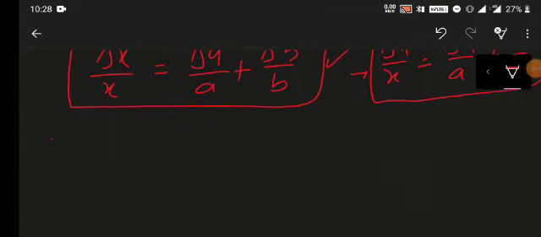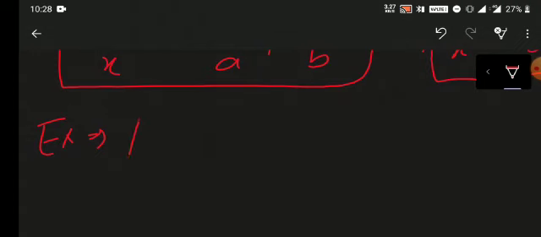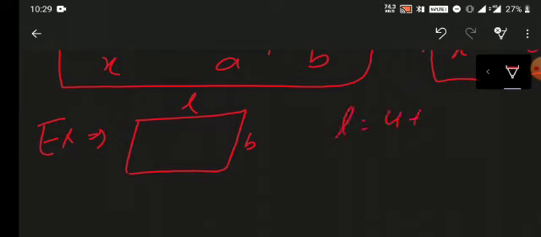Let's take an example on the basis of this property. Look here, this is a rectangle having a length and breadth. Length has the form 4 plus minus 0.4 meter and breadth has the dimension 2 plus minus 0.2 meter.